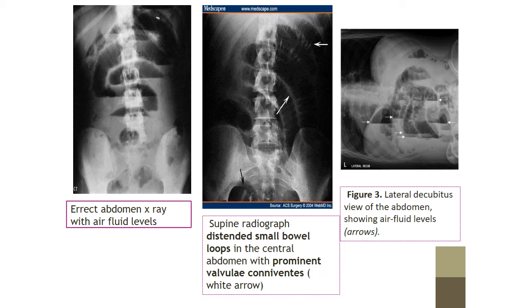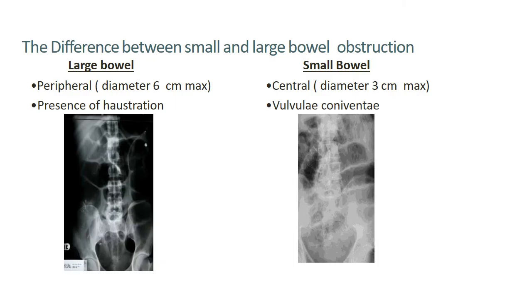This is also showing air fluid levels for intestinal obstruction. Here we can see the presence of haustration and peripheral distension in case of large bowel obstruction, while there are valvulae conniventes and central distension in case of small bowel obstruction.